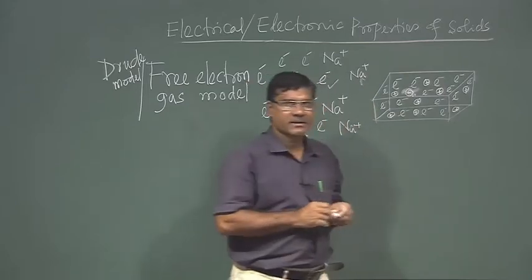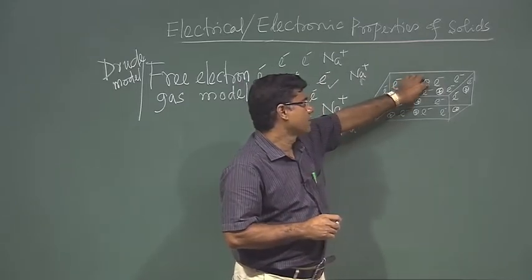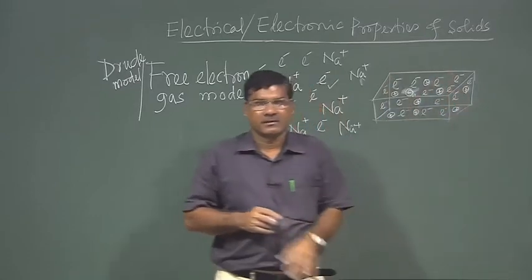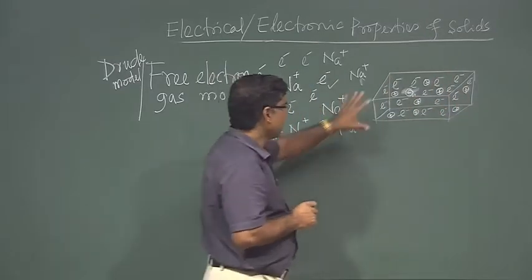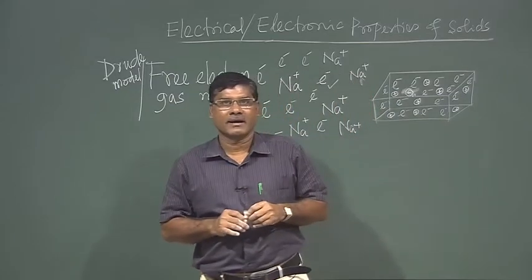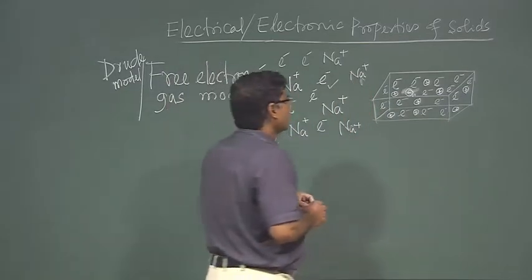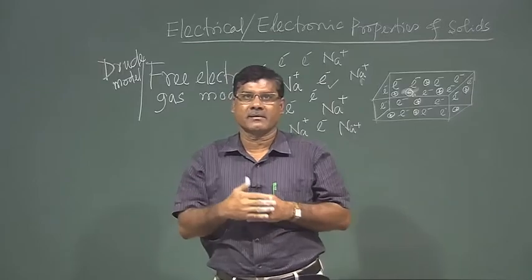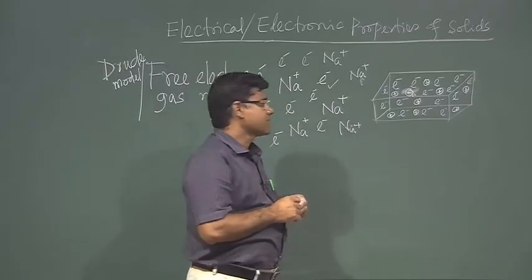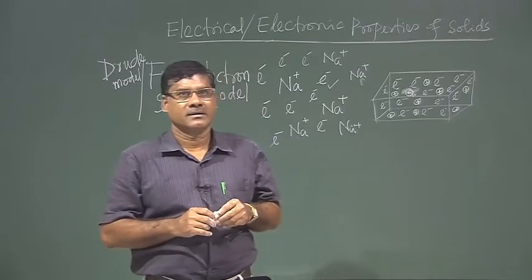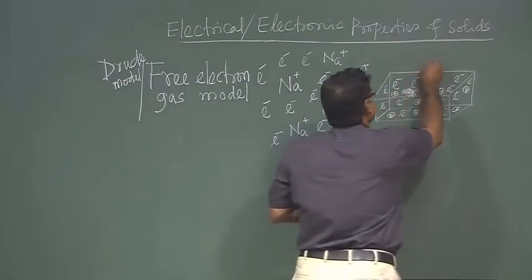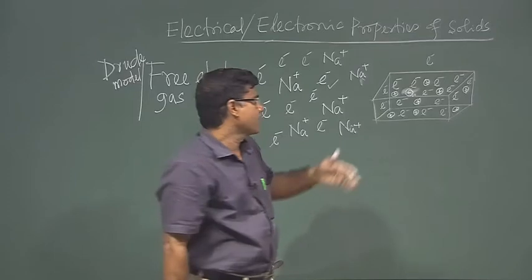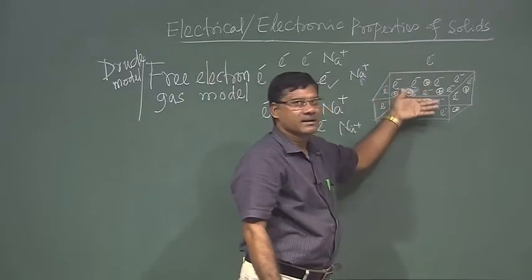So, it is assumed that the potential energy of an electron inside the metal is constant and low, and on the surface of the metal and outside, the potential energy of an electron is very high compared to the electron inside the metal.